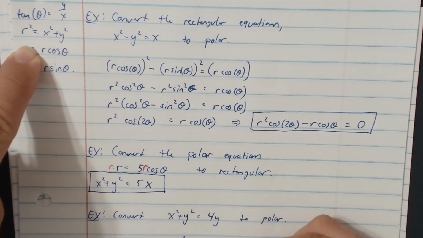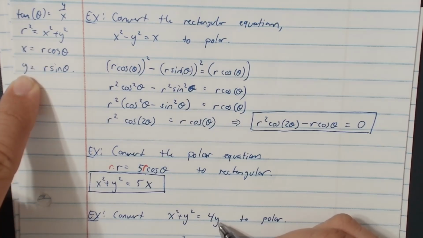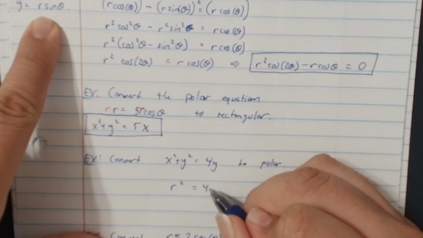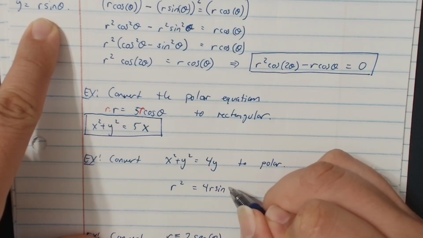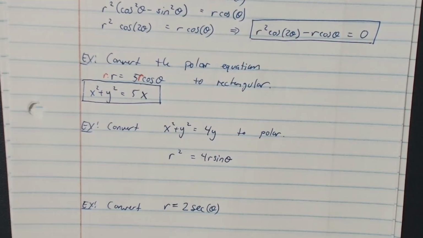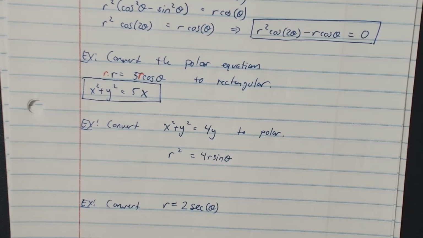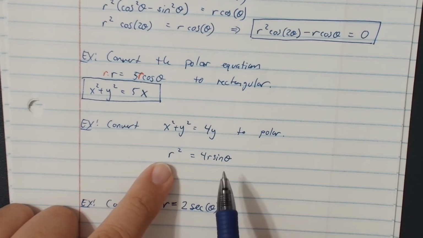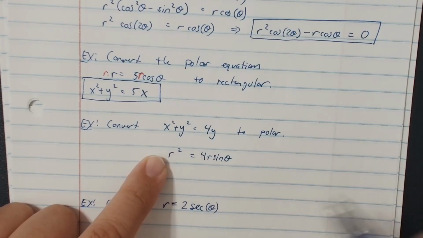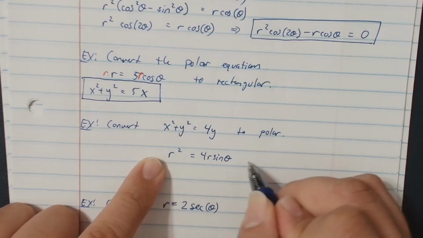Here, 4 times my y, that I can replace with r sine theta. Nothing really combines here. This is a square and this one's not. So if you leave it like this, that's perfectly fine.